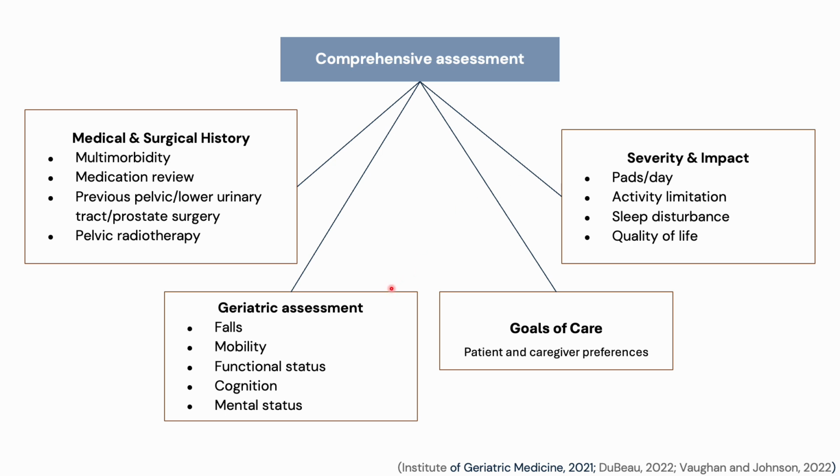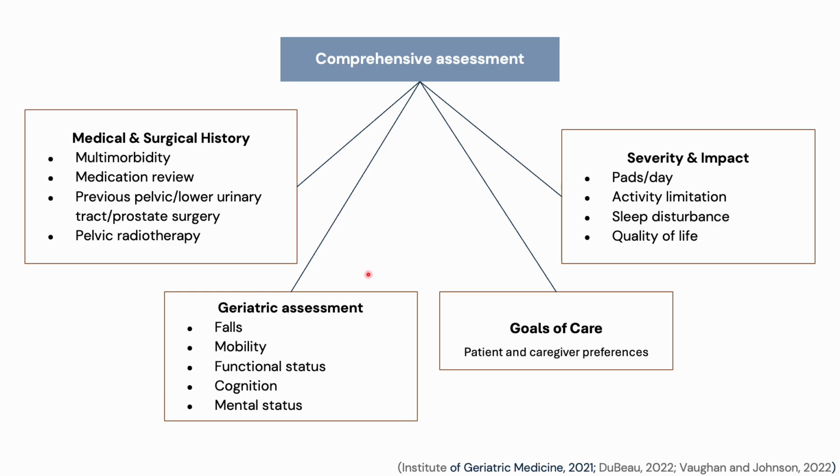Because we're caring for older adults, a comprehensive geriatric assessment is essential. Urinary incontinence is rarely an isolated problem in older adults. Comprehensive geriatric assessment helps identify geriatric syndromes and other contributing factors that may both cause UI and be worsened by it, including falls, impaired mobility, functional dependence, cognitive impairment, depression, constipation, polypharmacy, and multimorbidity.